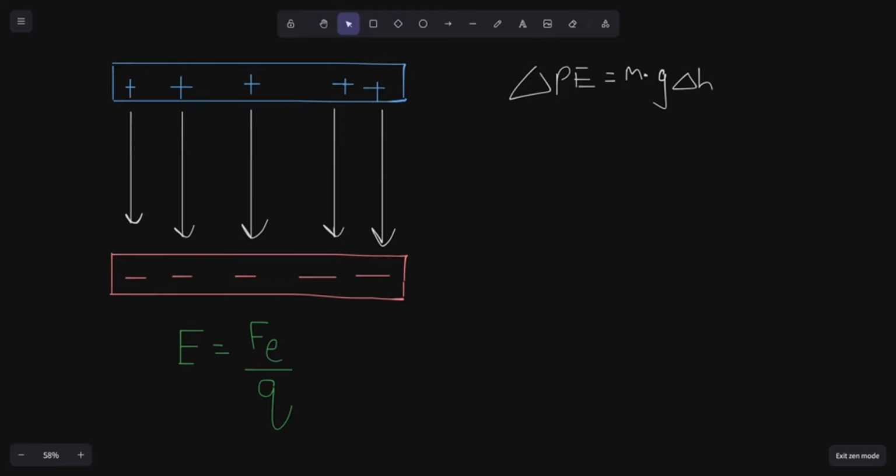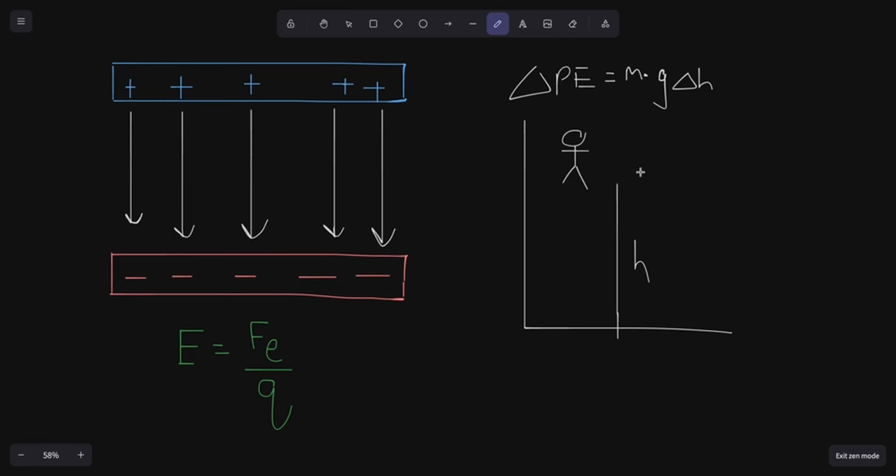So I want you to recall this formula. The change in potential energy is equal to the mass times acceleration due to gravity times the change in height. For example, if I was levitating up here, I would have a certain height relative to the ground, and just by existing here I'll have a potential energy associated with that height.